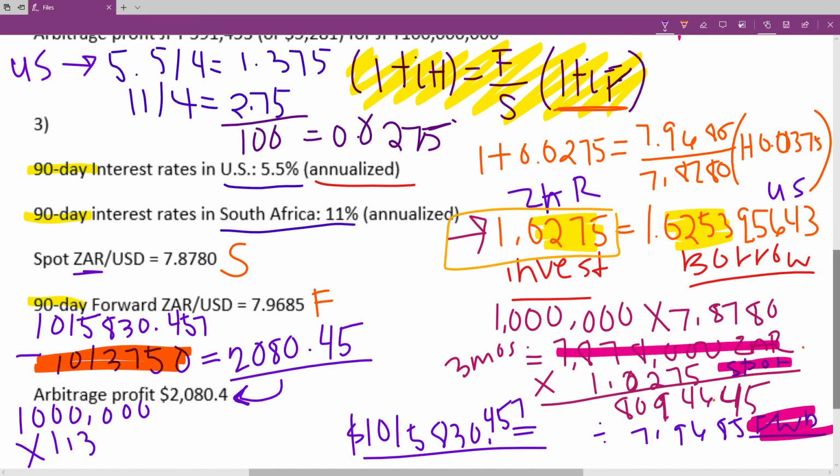So 1 million times, I'm sorry, this is wrong, this is 0.01375. So this equals 1,013,750, and that's this number right here. So this is how you solve this problem.